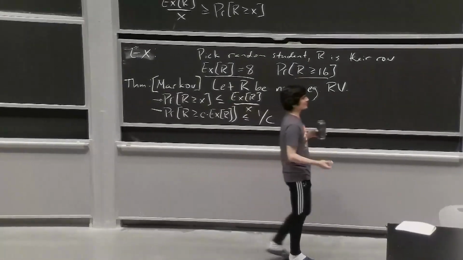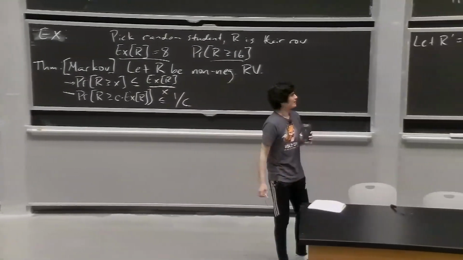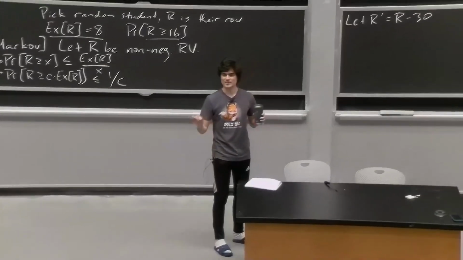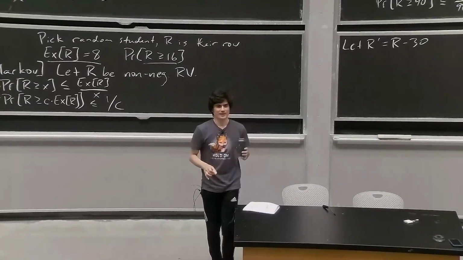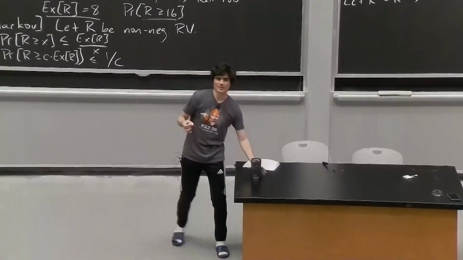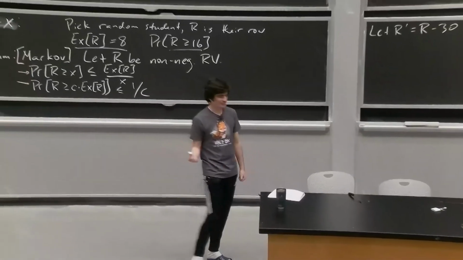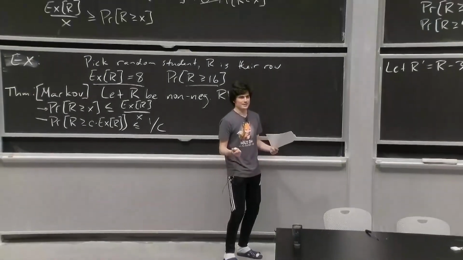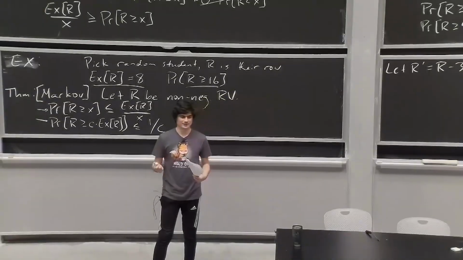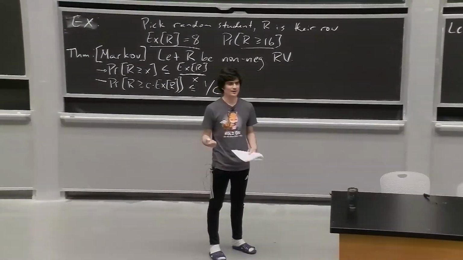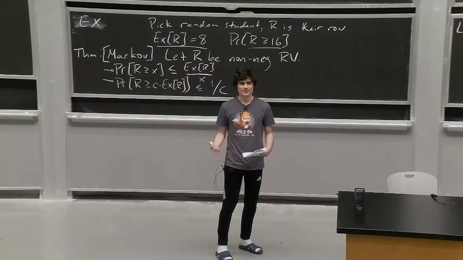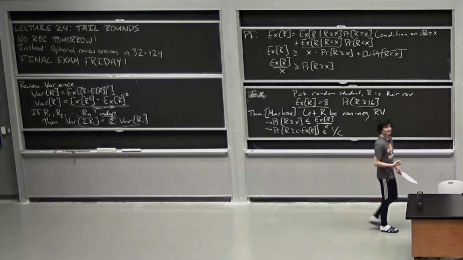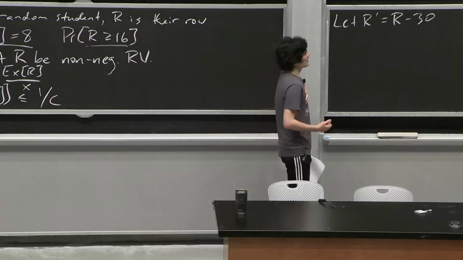We're just going to take our original R and subtract 30. We're not going to do this to people's exam scores in reality, don't worry. But this makes the minimum exam score 0, right? So the hope is that now we're satisfying the condition of Markov's inequality more tightly, so hopefully Markov will give us a tighter bound. So what bound does it give us now?